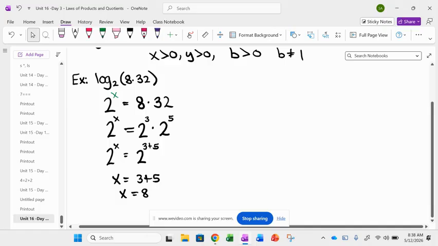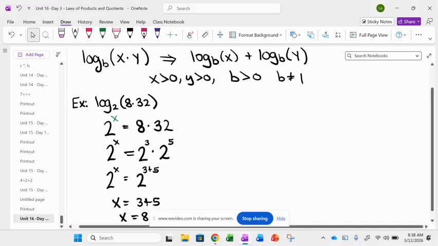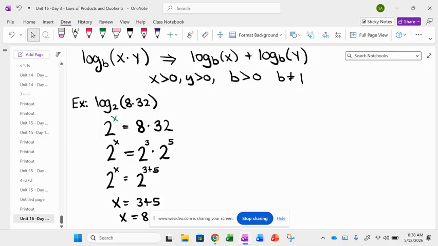So now, the rule I told you is, if I have log base and then there's two things being multiplied in my argument, it's the same as taking the log of each argument and adding them. What does that mean?